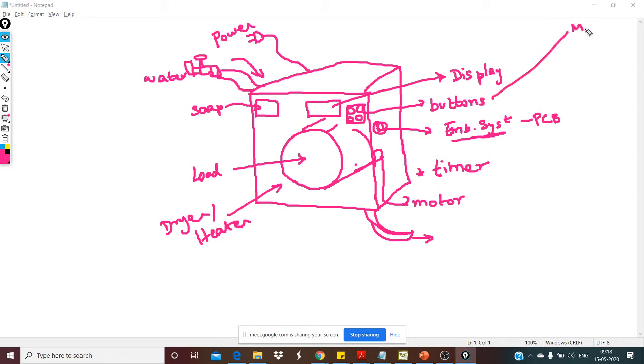Okay. What different modes of washing? I don't know exactly, sir. Maybe something like a dry wash. Oh, okay, fine. You want to dry or you want to just spin? Yeah, there will be some mode for only 20 minutes, and then 15 minutes.